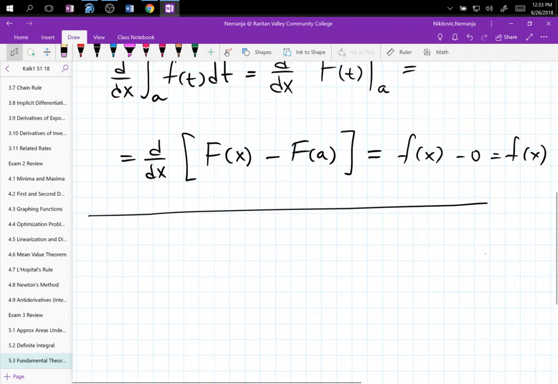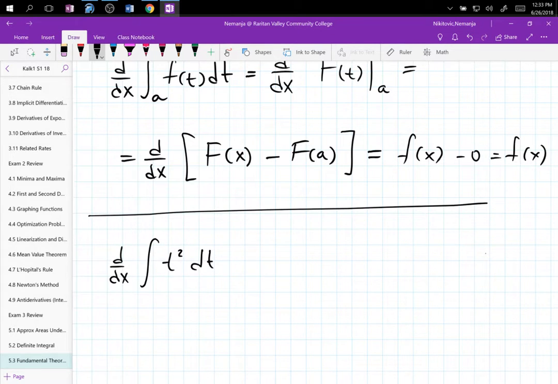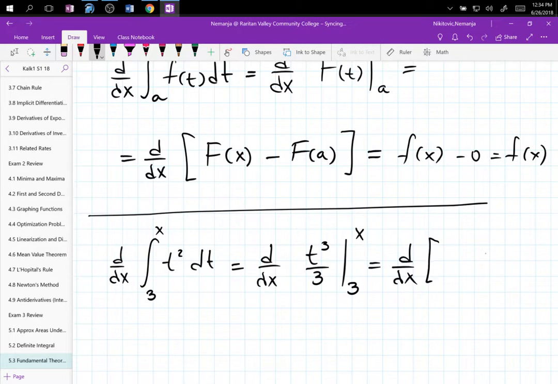And now we can use this on a problem. Let's say you want to apply it on t squared dt, from 3 to x. So we have d/dx of t cubed over 3 computed from 3 to x, which is, again, the derivative of x cubed over 3 minus 3 cubed over 3.